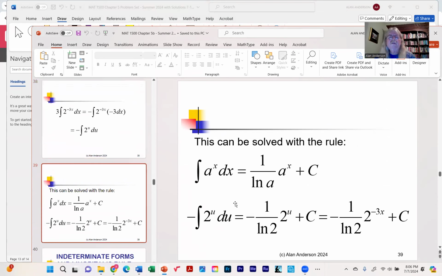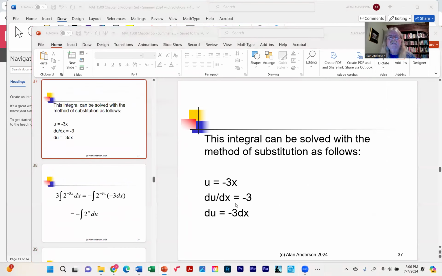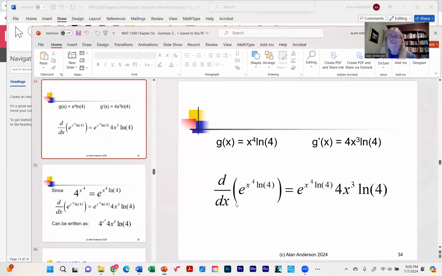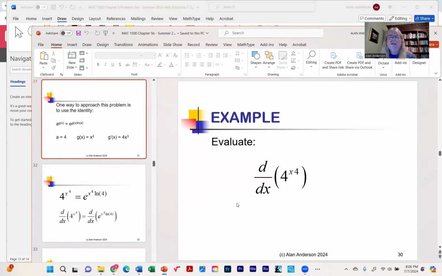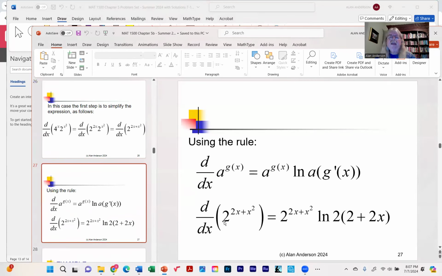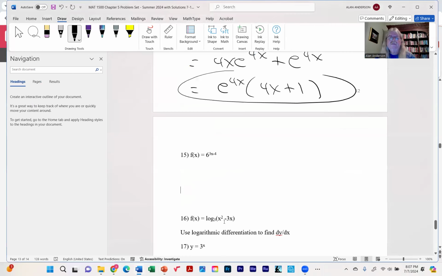Oh, wait, I think I found it, no, those are integrals. We need derivative. We're getting close. Here it is, the derivative of a to the g of x, which is exactly what we have here.